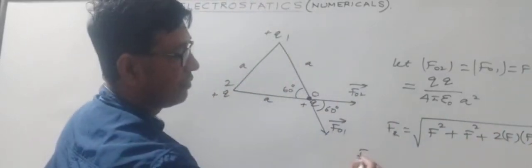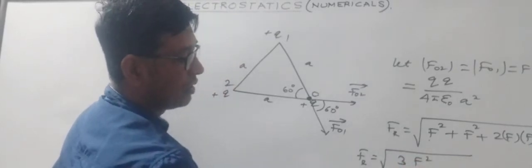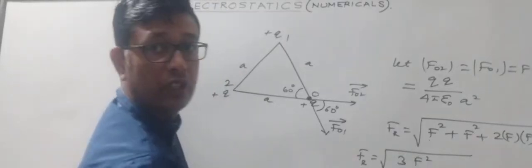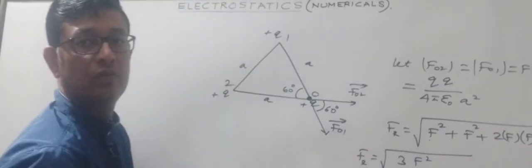Cos 60 is half. So it would be F square plus F square. Cos 60 is half. Half and 2 will get cancelled. So we'll get 3F square. So resultant would be root 3 F. So it is root 3 F, where F is Q square divided by 4 pi epsilon A square.